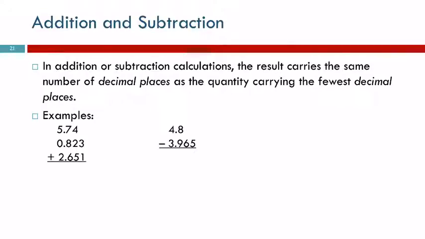So these rules are similar, but they're not the same. Multiplication, division, the answer has the same number of sig figs as the factor with the fewest sig figs. In adding and subtracting, it's the fewest number of decimal places.